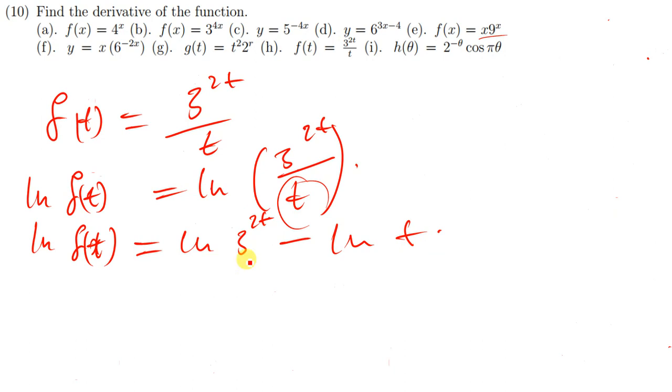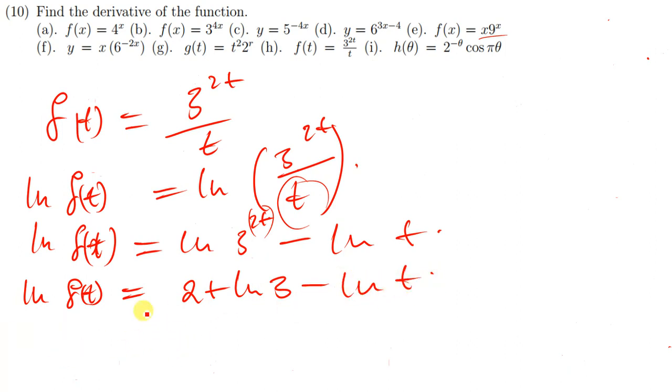So differentiating this part here is also straightforward. What you do is you can first drop down the expression there, which is the power. So when you drop down the expression, you are going to have ln f of t is equal to 2t ln 3, and then minus ln t.